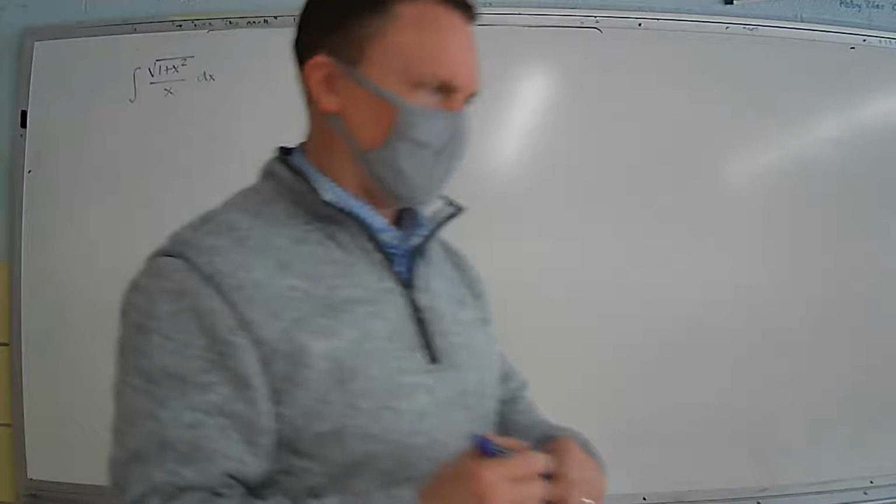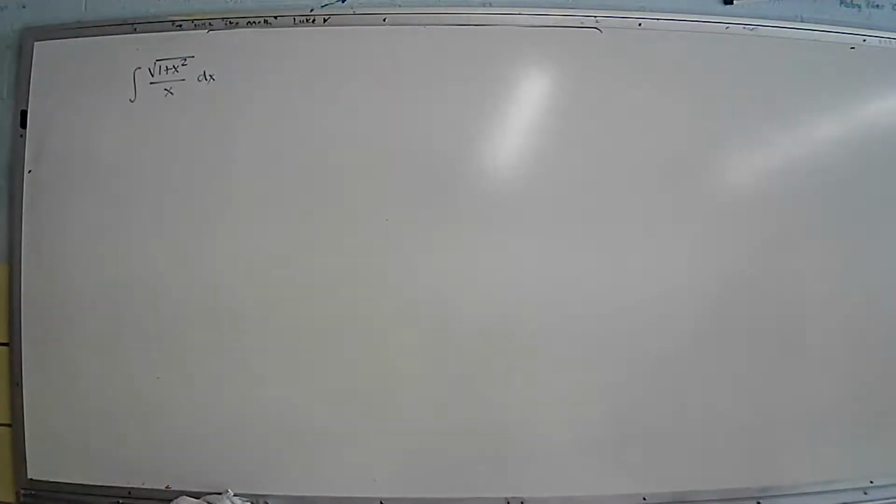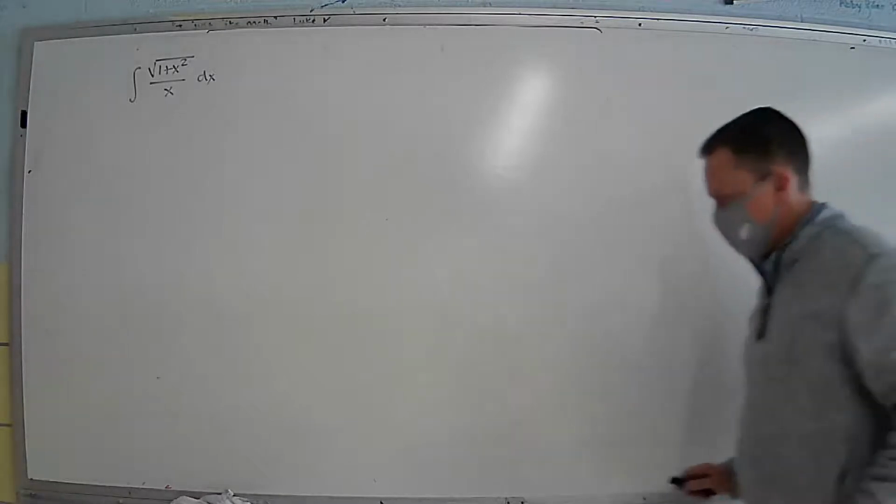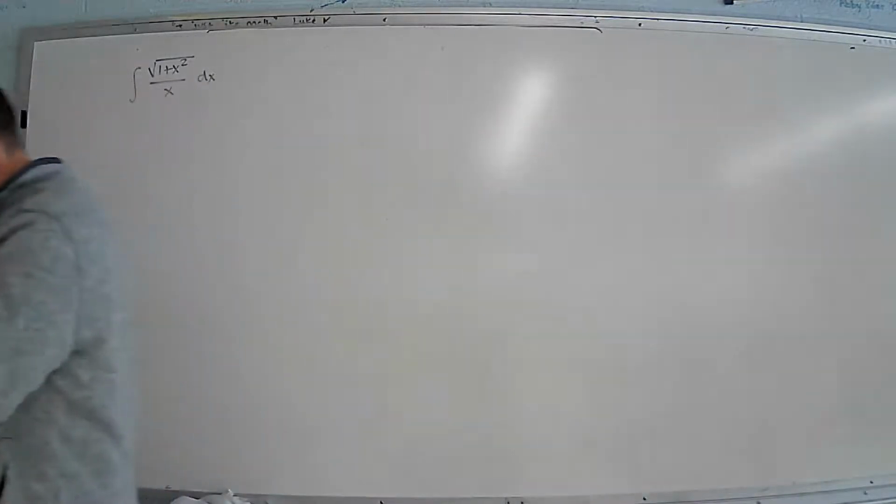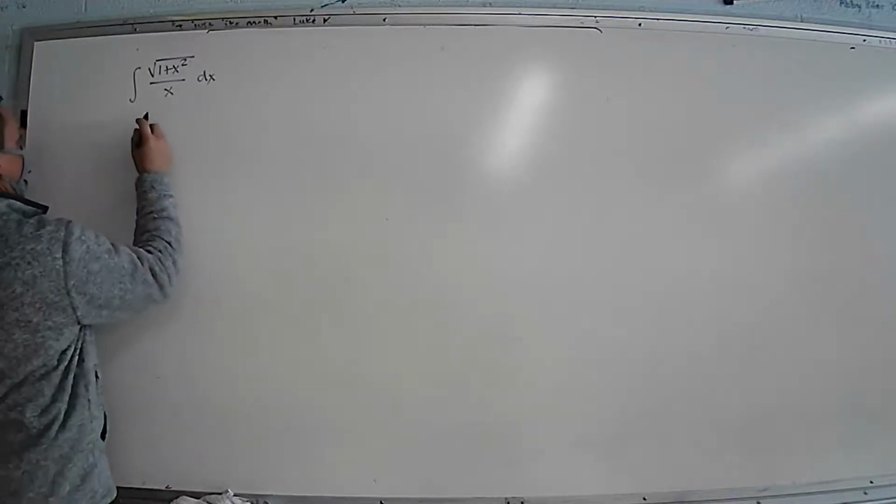Which problem was that? You may remember? 148? Okay. So if I'm looking at that problem, what's the substitution that we made? It's a tangent, right? So I'm going to say x equals tangent theta.